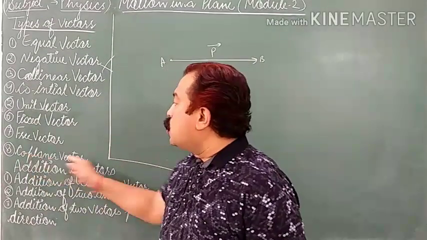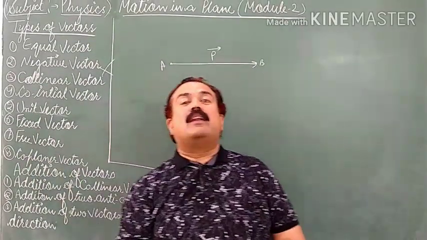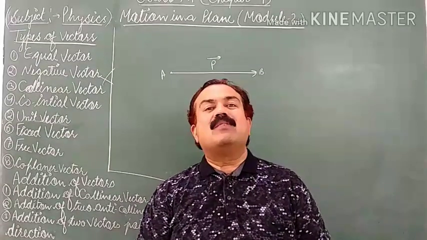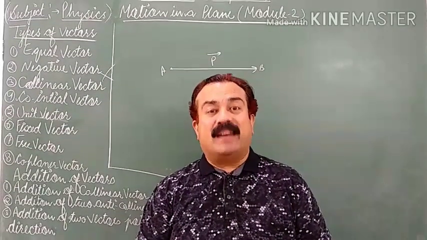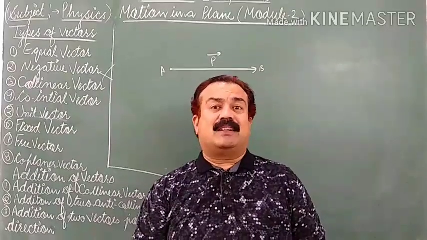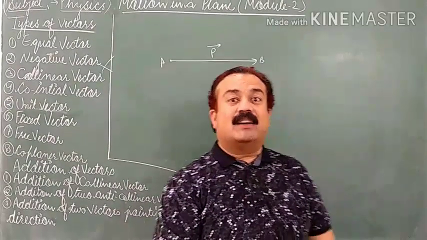And then coplanar vectors, beta. Coplanar means more than one vector lying in the same plane. So these type of vectors are known as coplanar vectors.